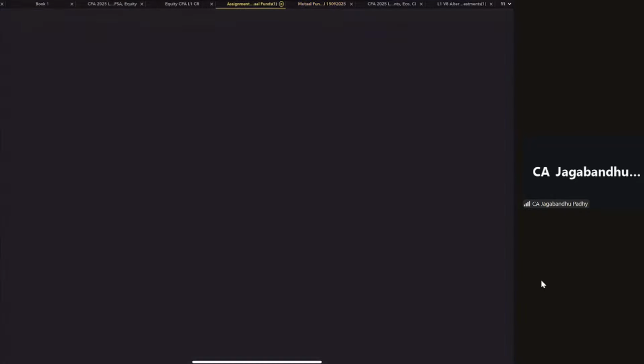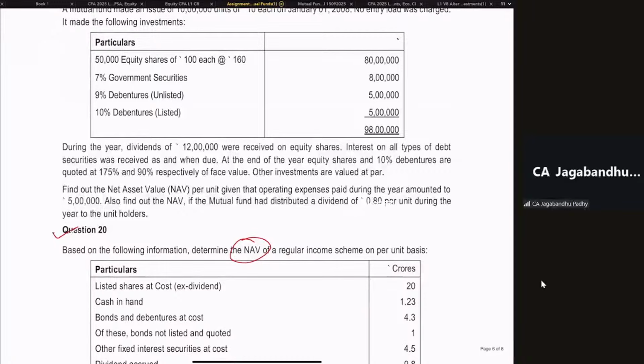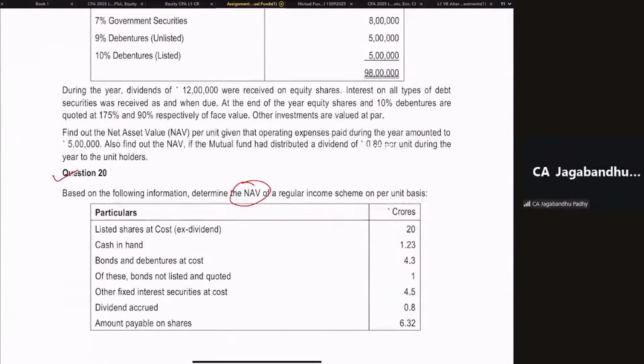Okay. So these are the NAV per unit. Operating expenses are paid. This is done. So question number 19 is done, guys.